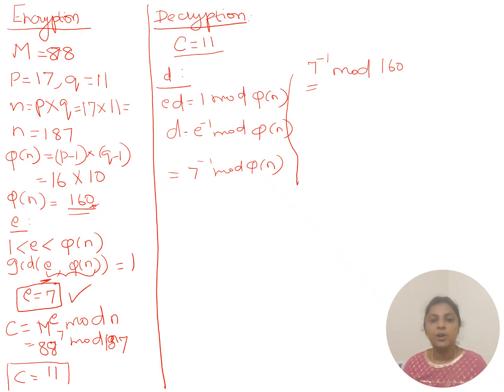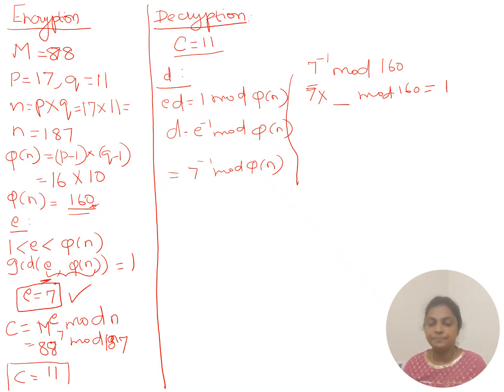Based upon the complexity of the number, we can go for any of these three methods. Since it is a smaller number, I'm going with the trial and error method. So how do we calculate the 7 inverse value? 7 inverse means 7 multiplied by something and mod with 160 should give the value 1, which means 7 into something when divided by 160, the remainder should come as 1.